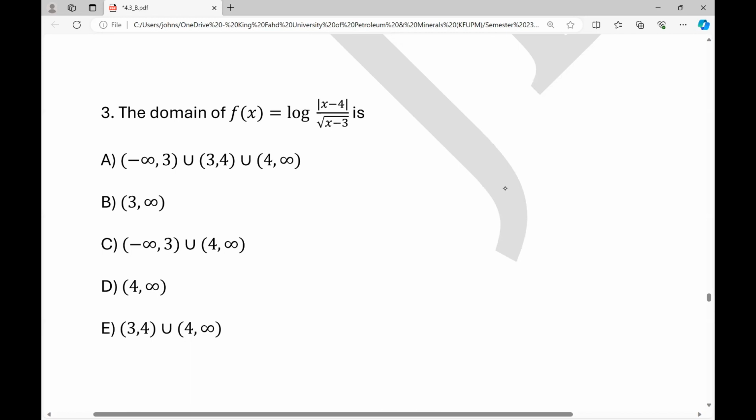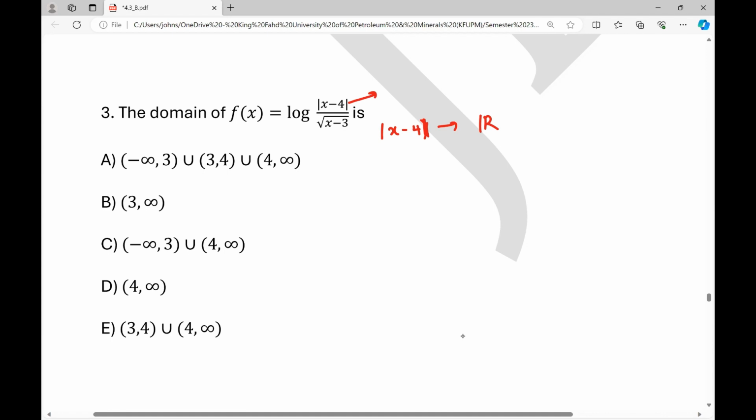All right, so what we can do is, we know that the domain of the absolute value is the whole R. So for this absolute value, we know the domain is the whole R. But we know that x cannot be 4, because if x is equal to 4, this absolute value will be 0.